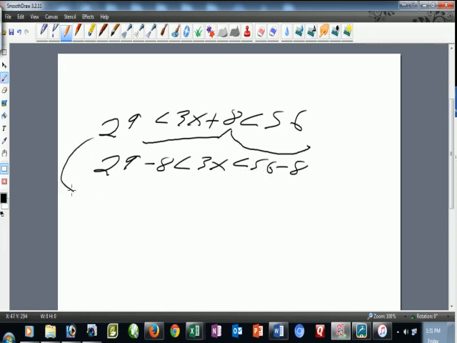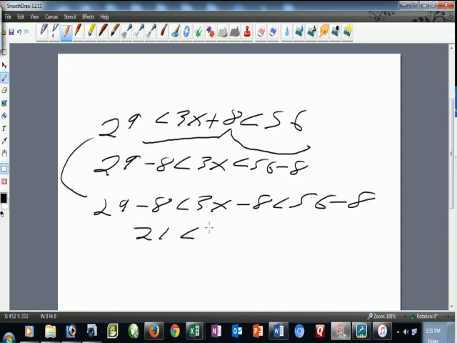Another way to look at it is like this. Give him some negative 8. Now you have 21 is less than 3x, because he was a plus 8 and we gave him some negative 8.